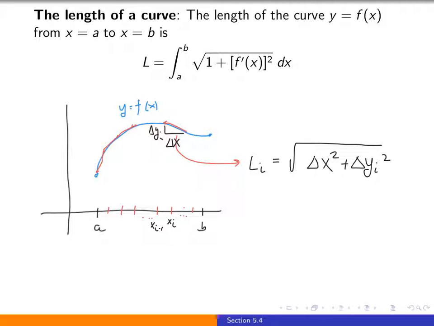And then if you think about pulling out basically a delta x squared, it pulls out as a delta x, but it also has to factor out of the second term in order for that to happen. And it's going to give you a 1 plus delta y i over delta x squared.